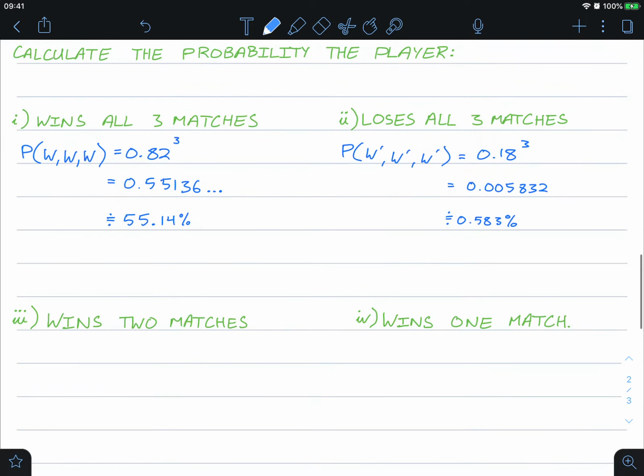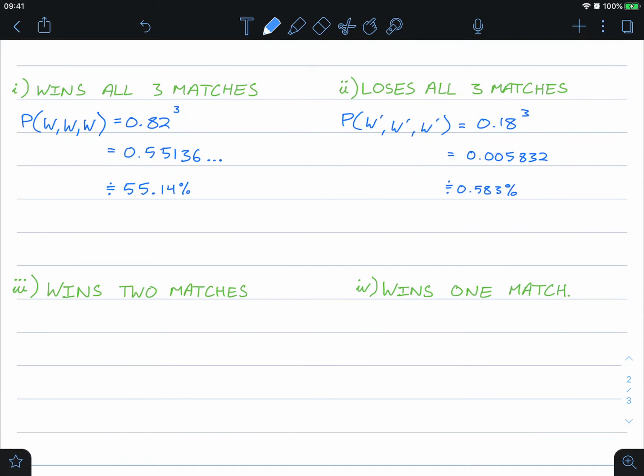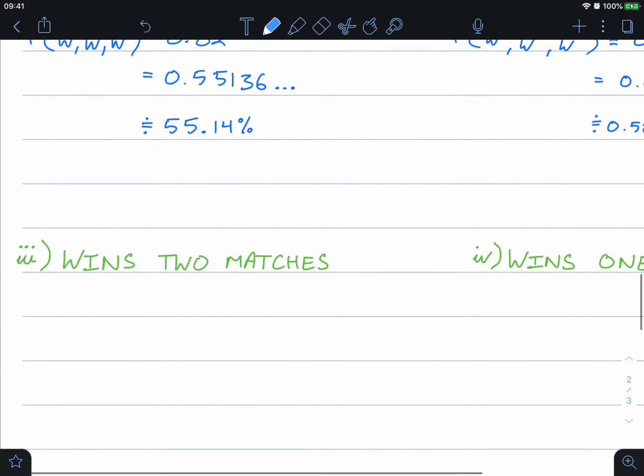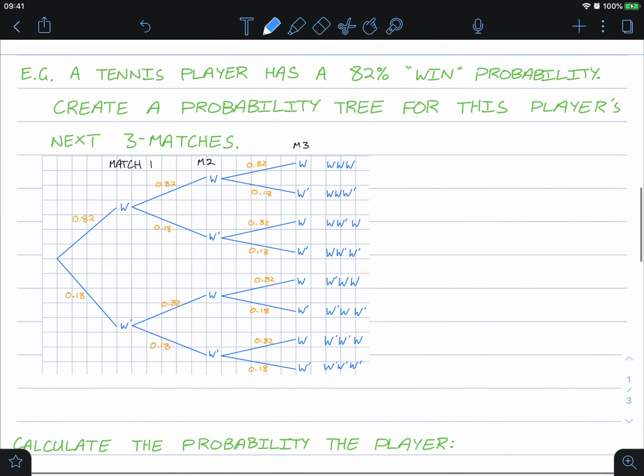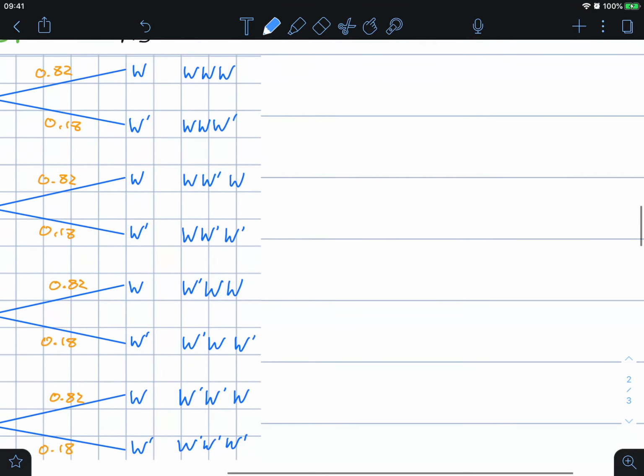Calculate the probability that the player wins 2 matches. Now, reading this very carefully, it says wins 2 matches, and it doesn't specify whether it's the first 2, second 2, or the last 2 matches. So all we have to do is actually look for the results that have exactly 2 wins.